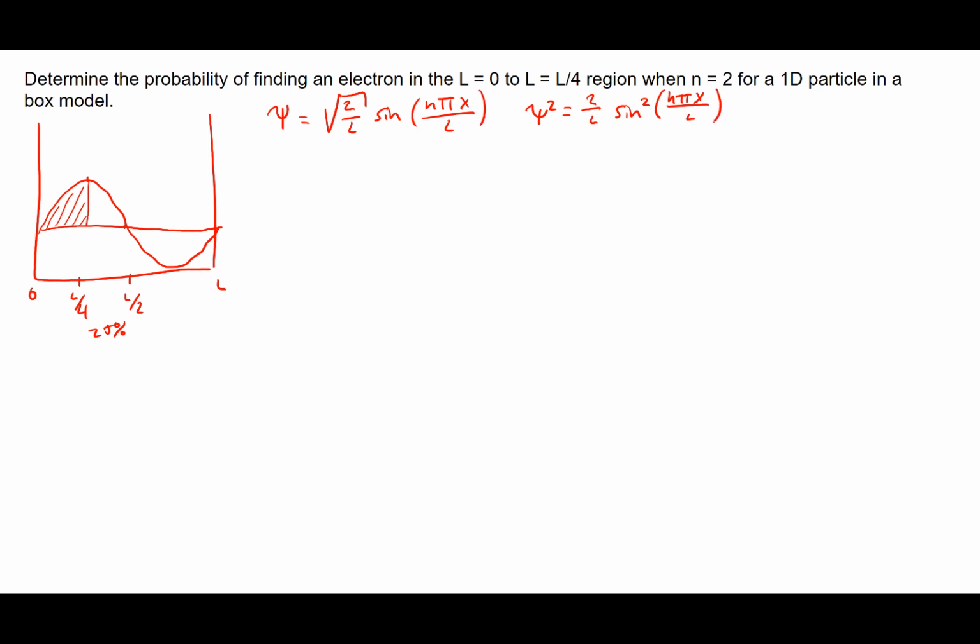So what we can now do is integrate that equation with respect to x, from 0 to L over 4.